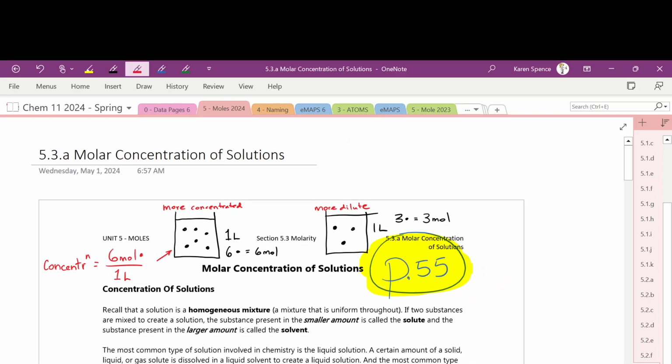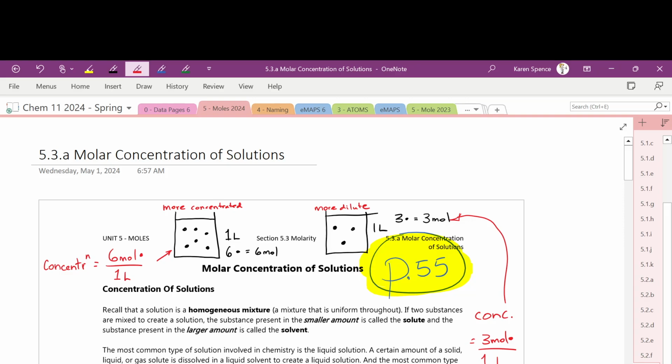Now, if we have this one over here, I'm just going to put conc for concentration, and that is equal to 3 moles of dots per 1 liter. Does that make sense? So the one that is more concentrated has a higher concentration, more moles per liter.